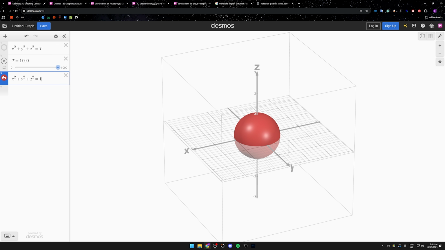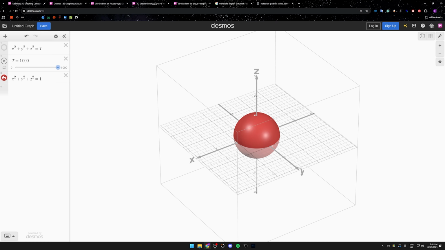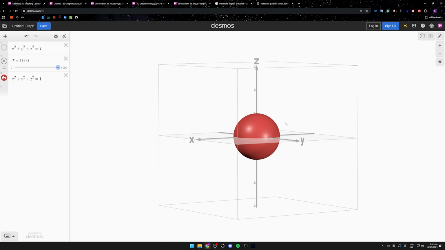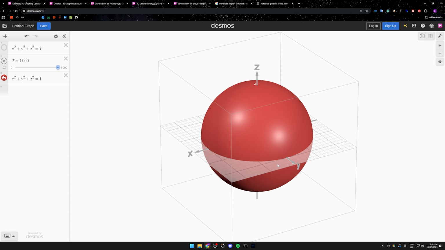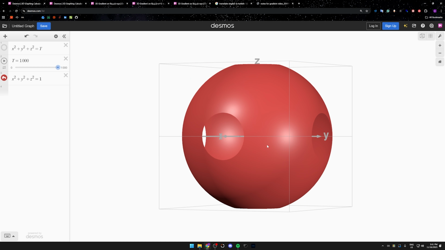But now, because we have also the z squared added to this, we now kind of move in all 3 dimensions and it becomes like a sphere, maybe a circle rotating around itself. And now we get this. And if we zoom in, we will see that actually this is a surface. This is not like a volume anymore.